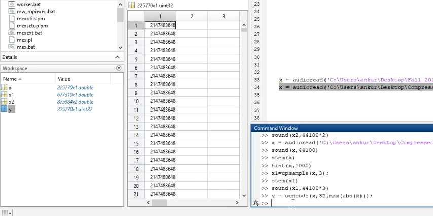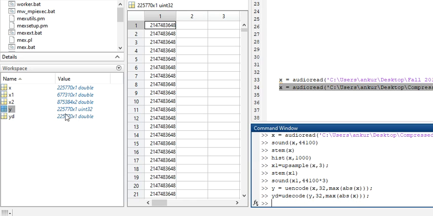So let's do that. yd equals udecode of y comma 32 levels, and say max of abs of x.